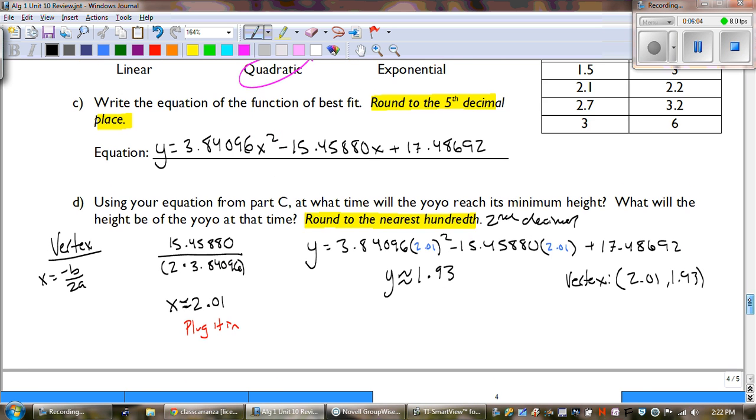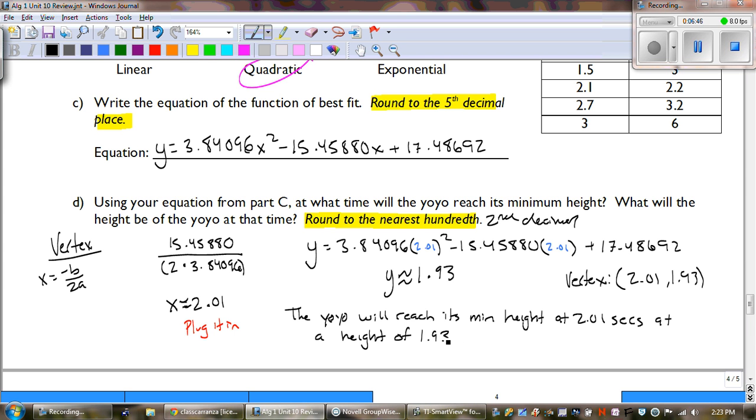Okay? But most of the time, we're going to have to write a sentence about that. And so we would say that the yo-yo will reach its minimum height at 2.01 seconds at a height of 1.93 feet.